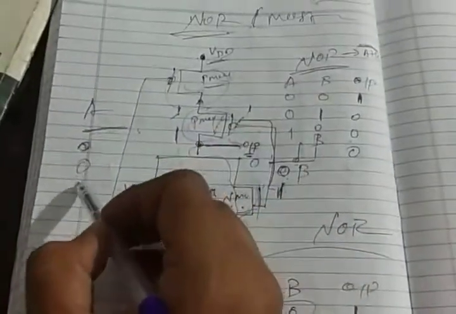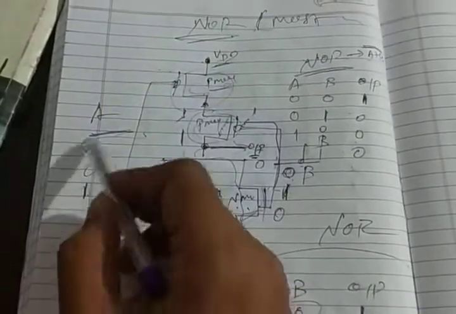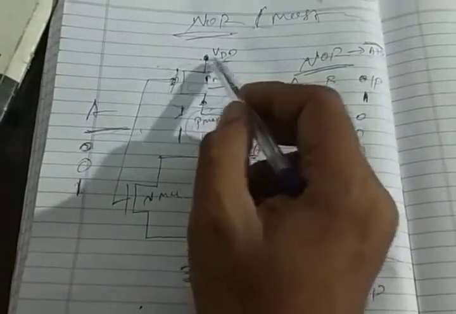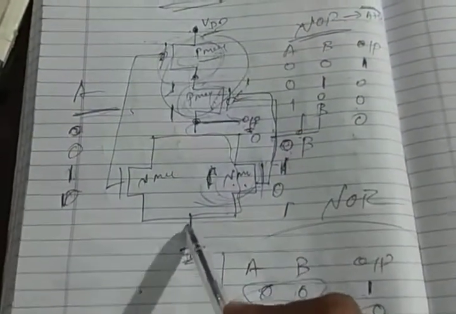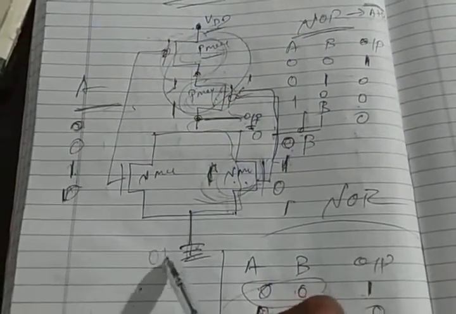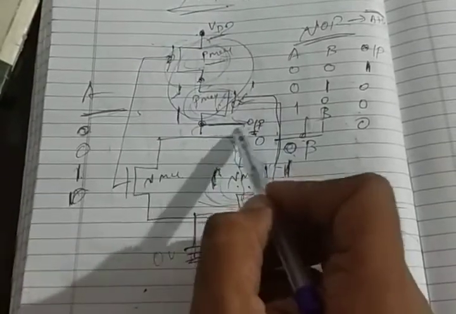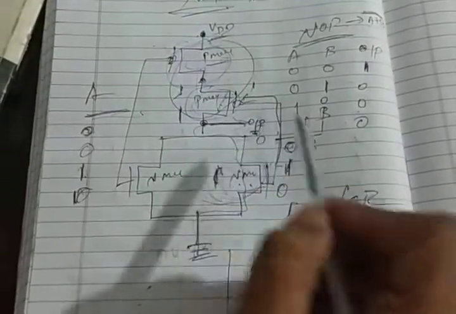So when you apply 1 here and 0 here, this PMOS deactivates, again the output does not come at that point. When you apply 1 1, then both PMOS are deactivated and both NMOS are active, means this 0 volt ground voltage comes to the output point, means output again 0.